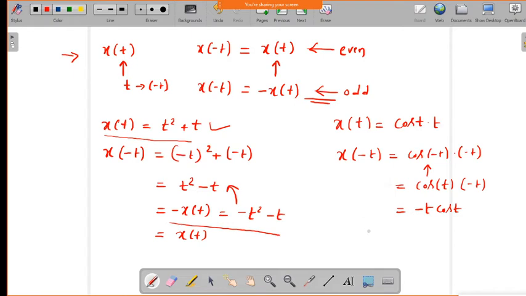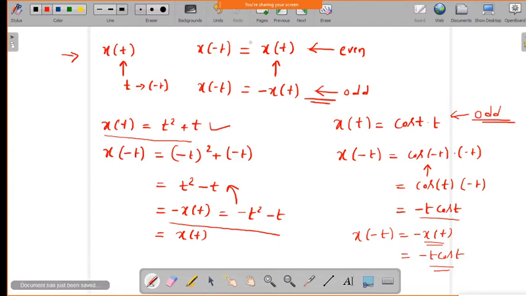Now see here, if on replacing you get minus x of t, then it is an odd signal. Whatever we got as minus x of t, we get here. So this one is an odd signal.